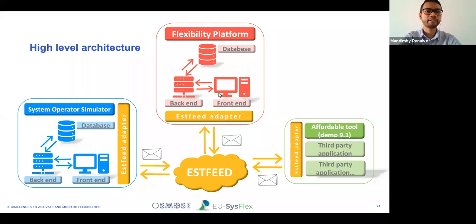Here we have the high-level architecture of the demo.